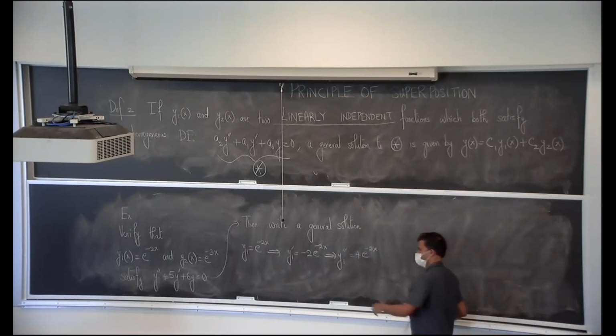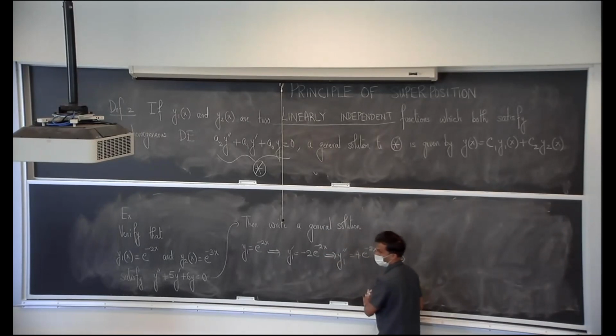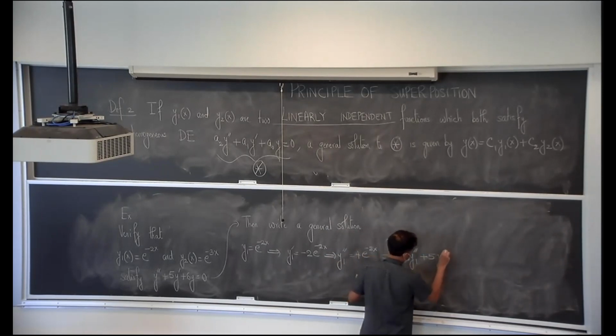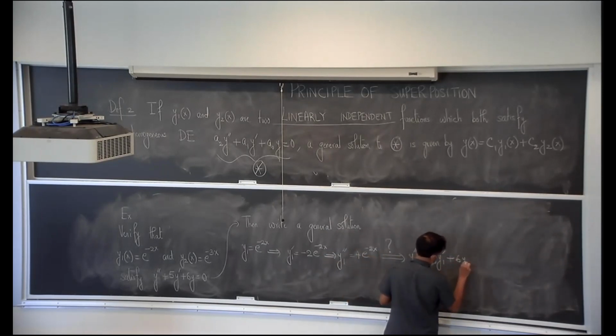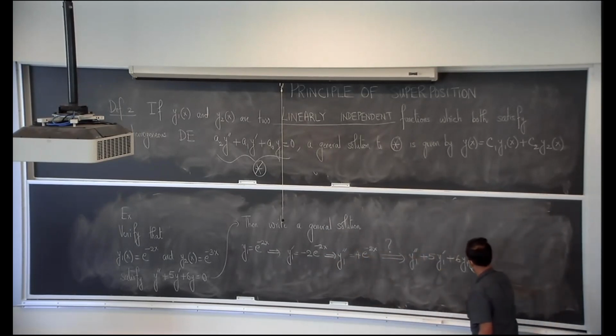The question is, I don't know whether y1 double prime plus 5 y1 prime plus 6 y1 is equal to 0. I hope it is.